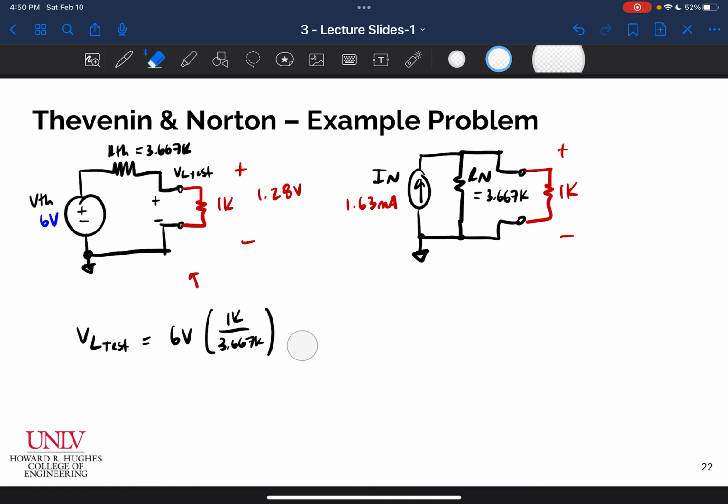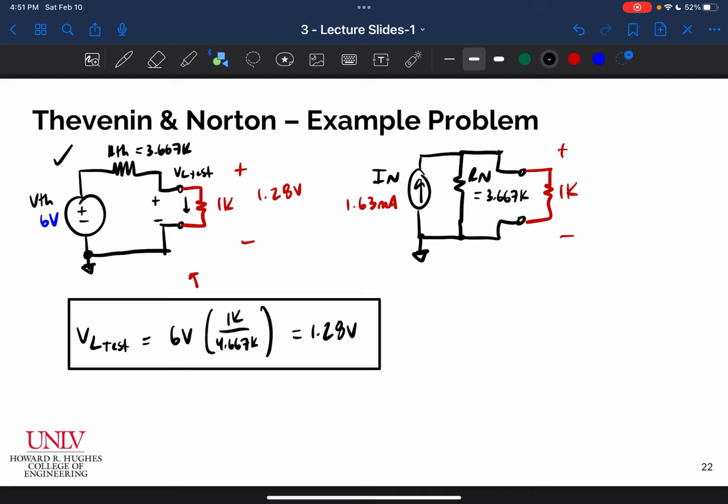Oh, not 6 volts times 1K over 3.667, but 4.667K, because I have to add them. And that's going to give me 6 divided by 4.667 gives me 1.28 volts, which is awesome. And that means that I would get 1.28 milliamps flowing through the resistor, which means that my Thevenin equivalent is correct. Okay, so that is a check.